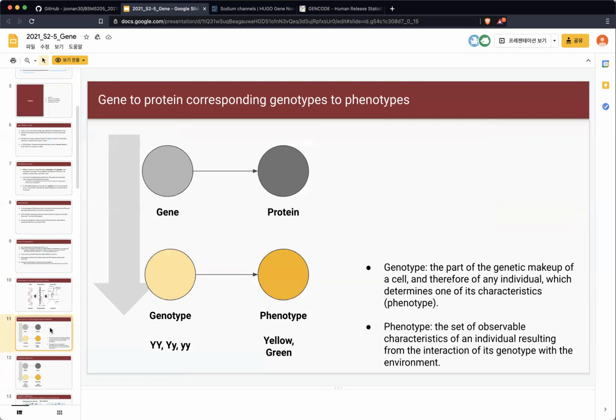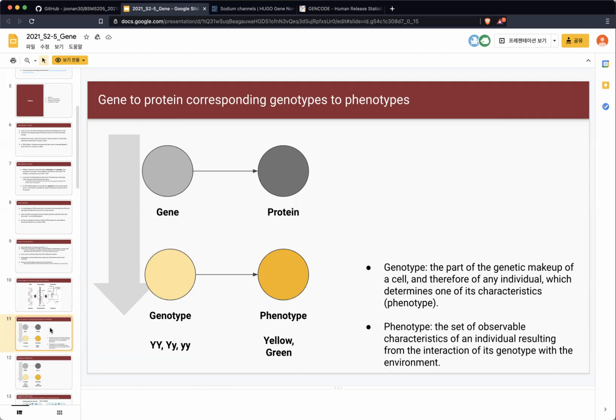The process from gene to protein actually corresponds to genotype to phenotype, right? So when you see some organisms, certain traits, certain external appearance, we define that as a phenotype.